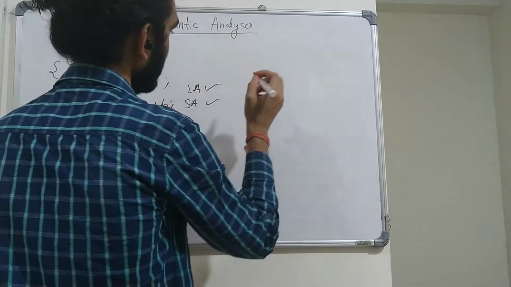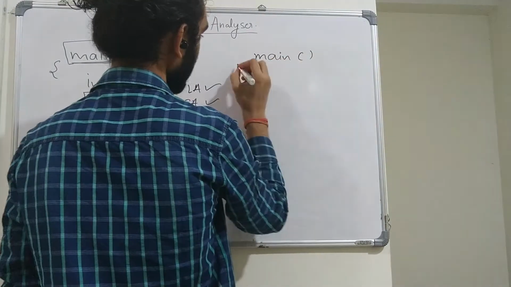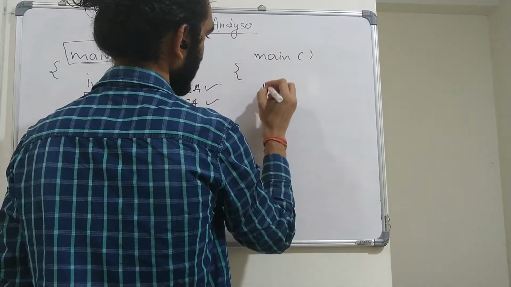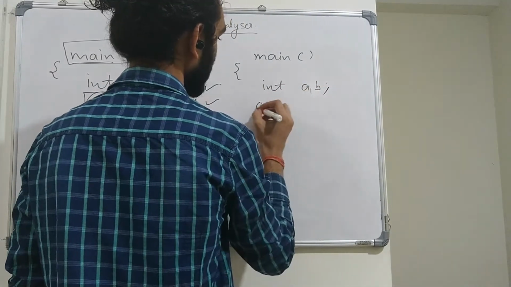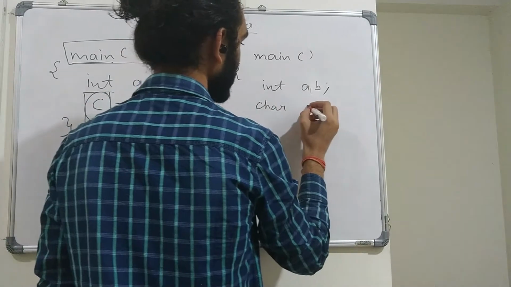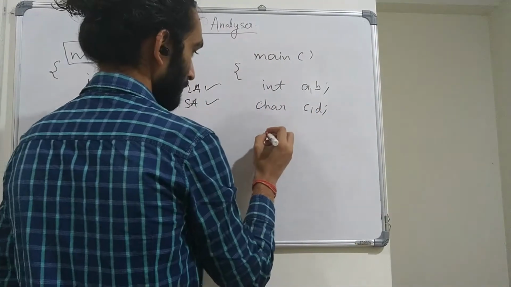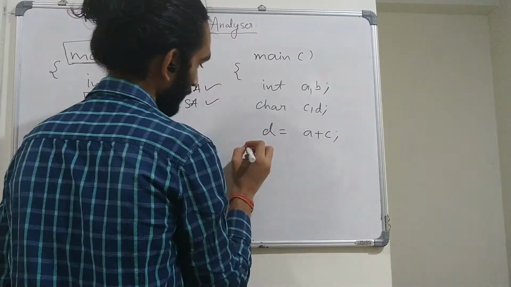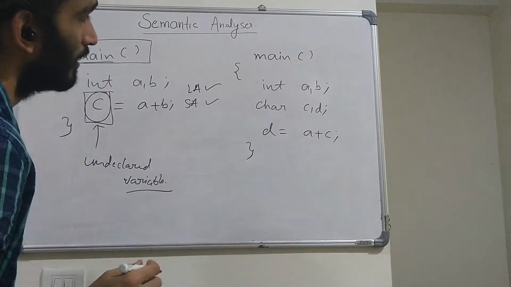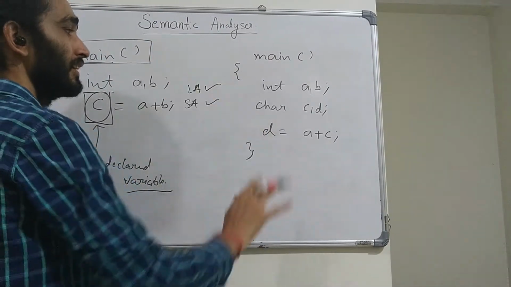Take another example. Let's say I'm writing main and I'm using int a comma b followed by a semicolon, char c comma a. Right? And suppose I'm writing d equals a plus c. As you can clearly see, here also it doesn't have any lexical errors, it doesn't have any syntactical errors.